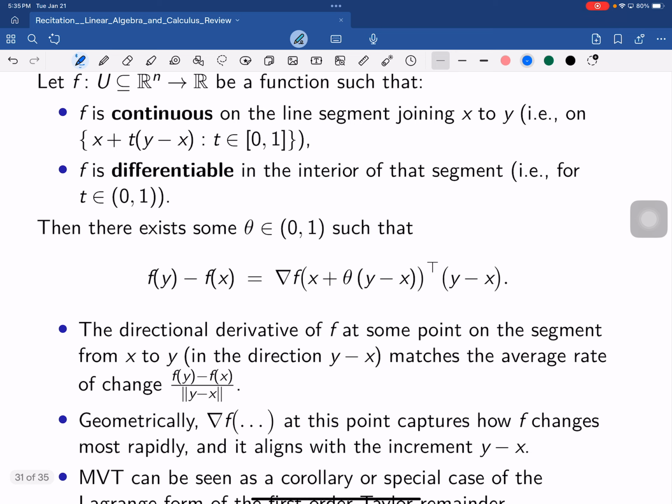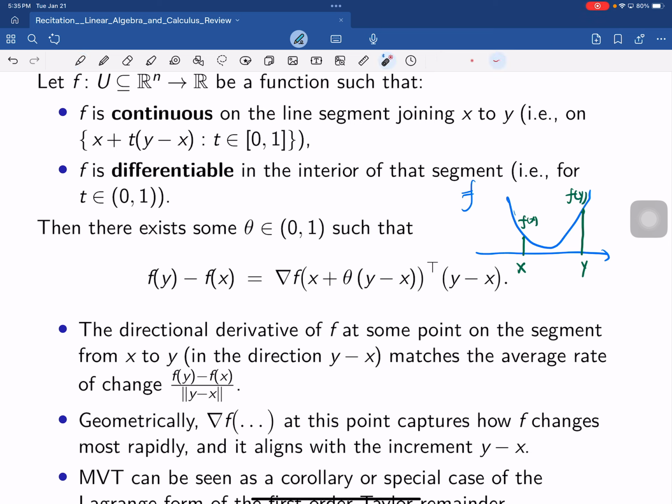Okay, so let's say you have a function f, right? Now let's consider 2 points in this function, x and y. Right? So here the function value is f of x, and this is f of y. Okay.